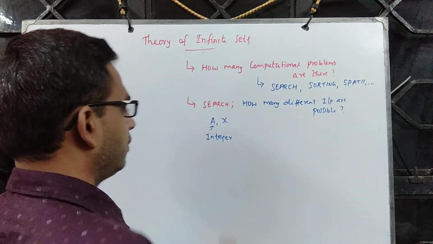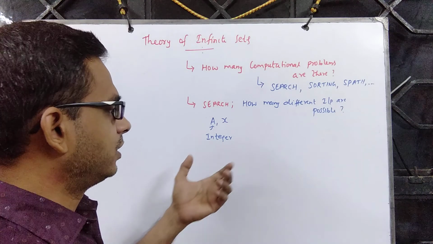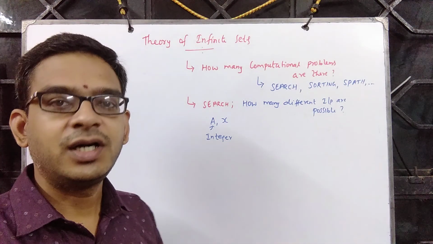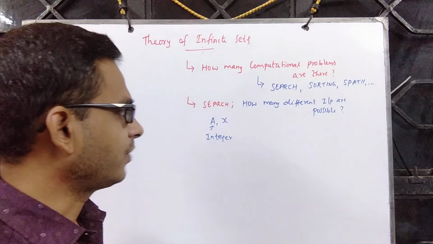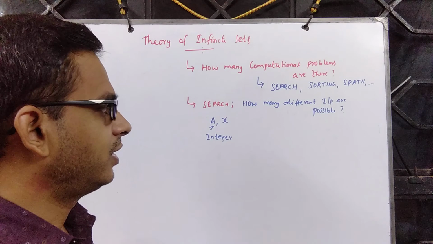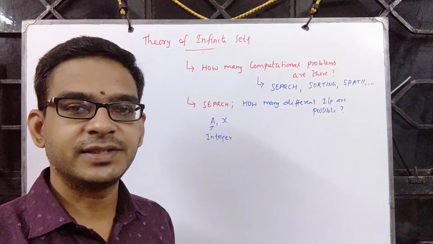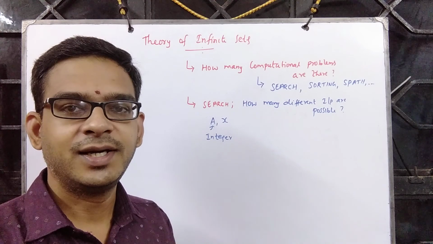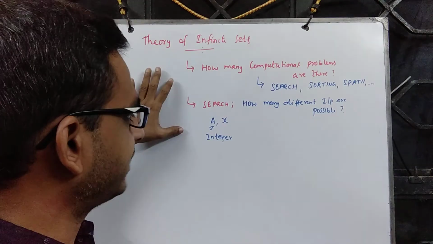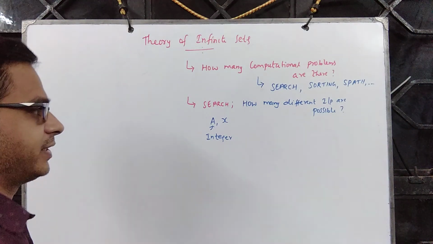Now we want to know, is x in A or not? So now how many different A comma x are possible? Questions like this are what we are interested in, and you would be surprised that many interesting sets that we come across in computer science are infinite in nature. So it makes us study the theory of infinite sets.